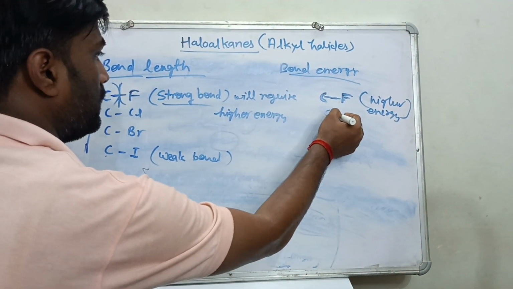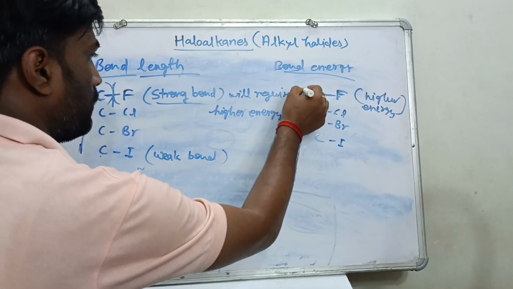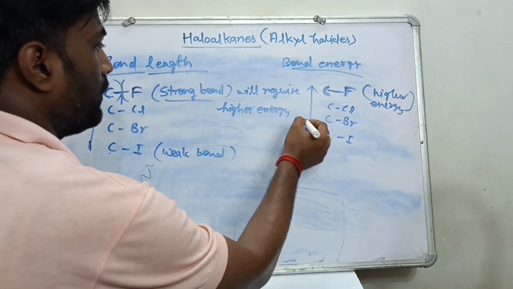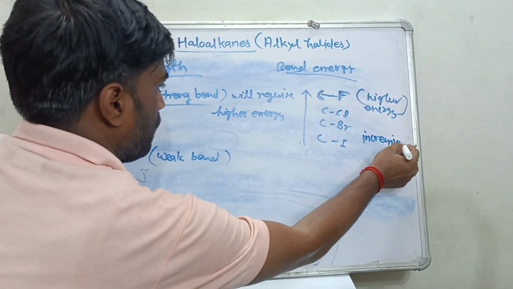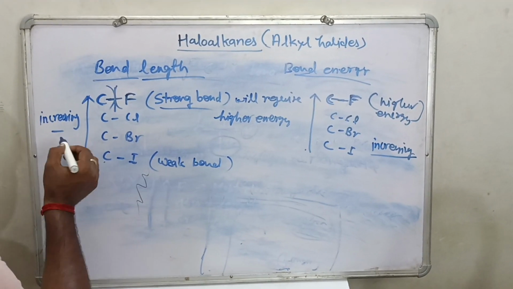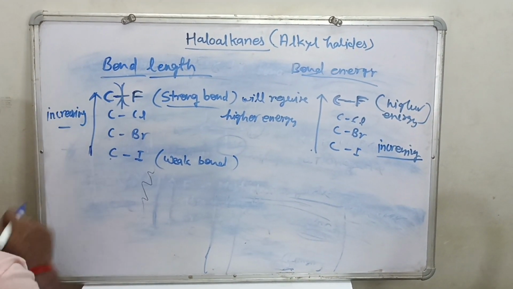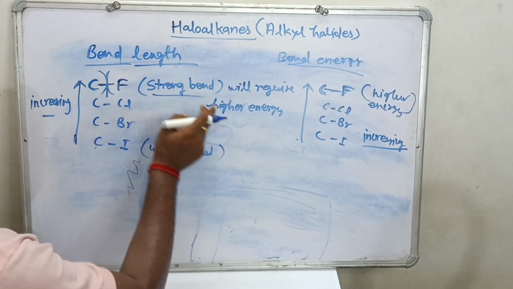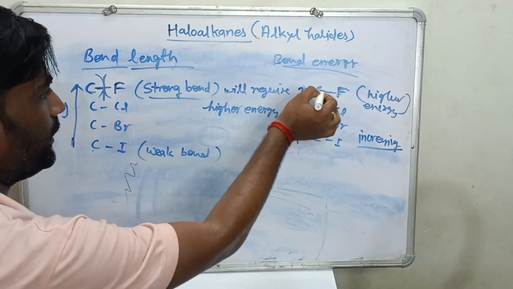Similarly for C-Cl, C-Br, C-I, it will be in this increasing order. As the C-F bond is the strongest, the bond energy needed to break it will be higher, and the bond energy will increase from C-I to C-F.